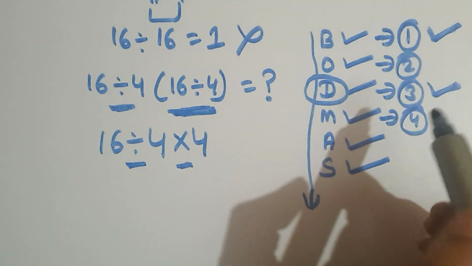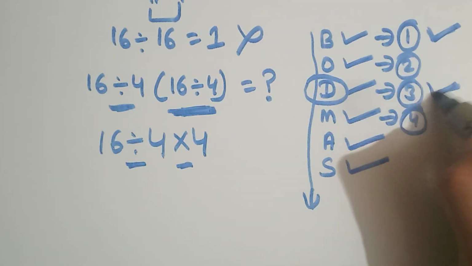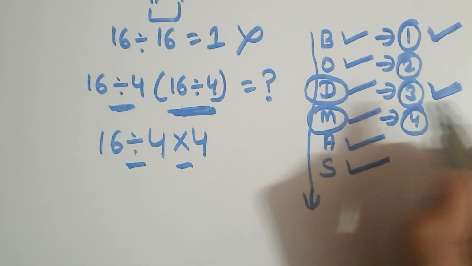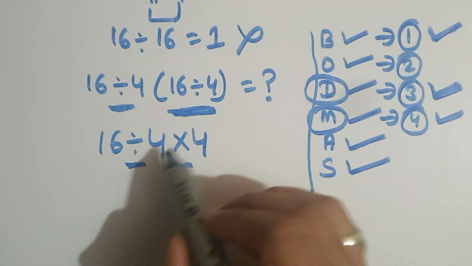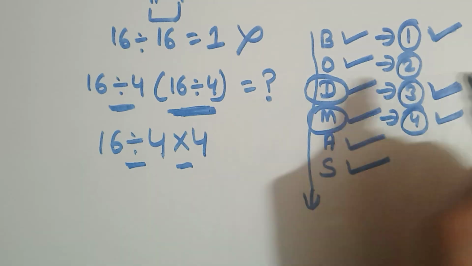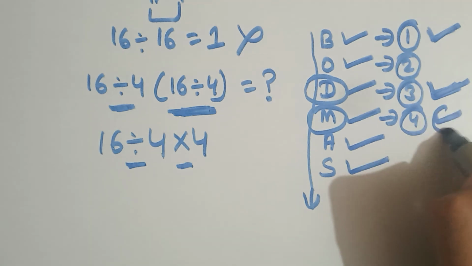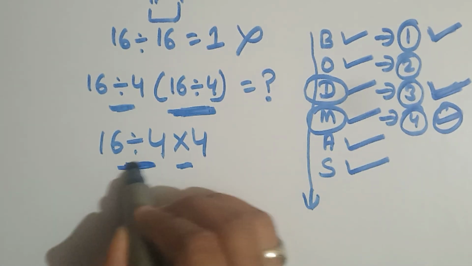Again in this rule, D means division, which gets third priority, and M is multiplication, which gets fourth priority. So in this step, we should calculate the division part first, because the division sign gets higher priority than the multiplication sign.